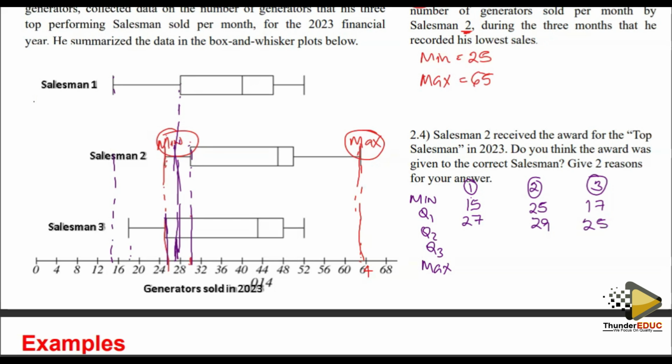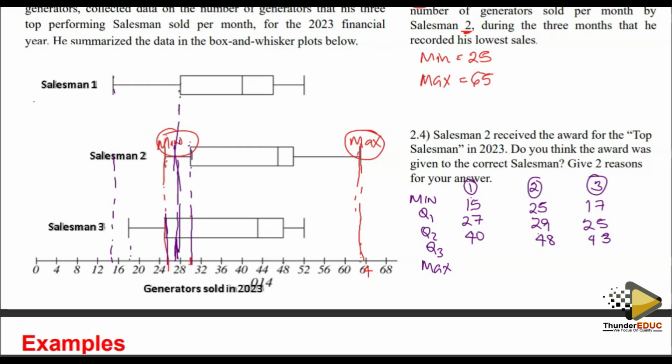So Q2, the median: for salesman number 1 it's 40. Number 2, it's 48. Number 3, it's probably 40, 43.